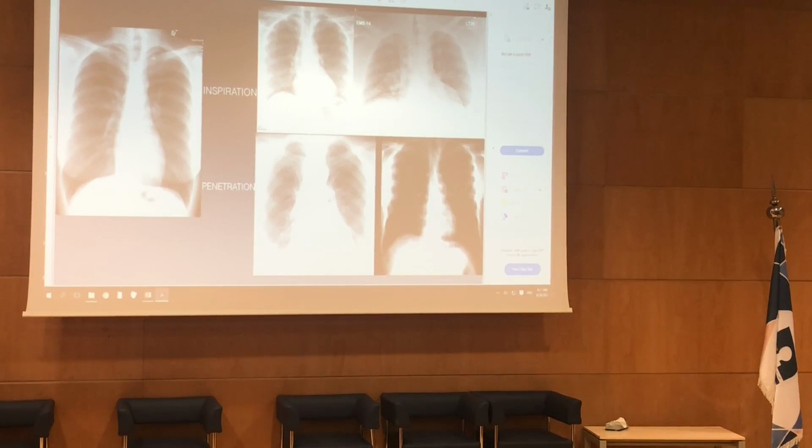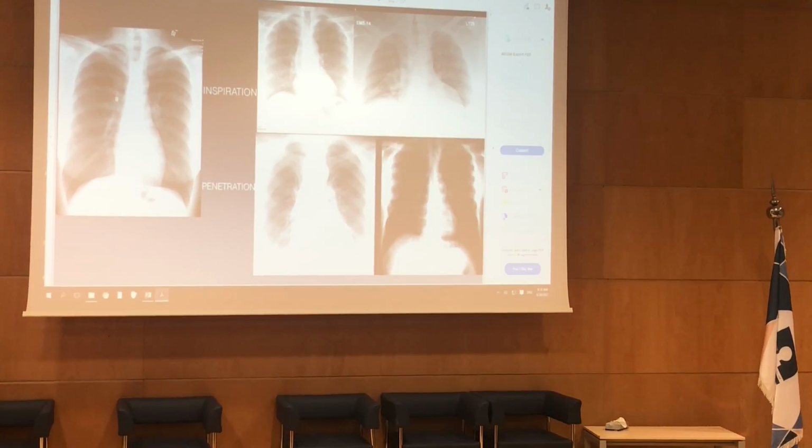It flattens the middle mediastinum, which is the heart and the vessels and the trachea and the esophagus. And it brings the diaphragm down, so it clears these two areas, which are called the costophrenic recesses. We'll go there in anatomy.